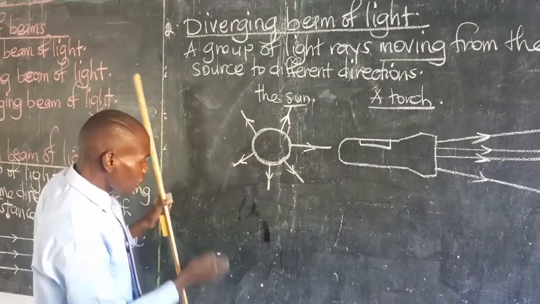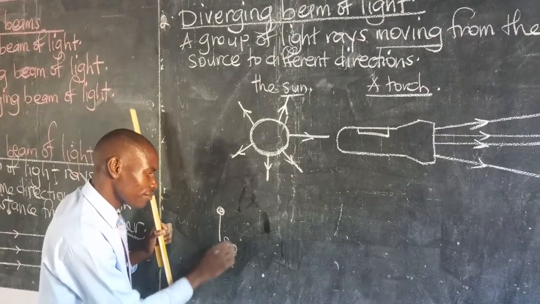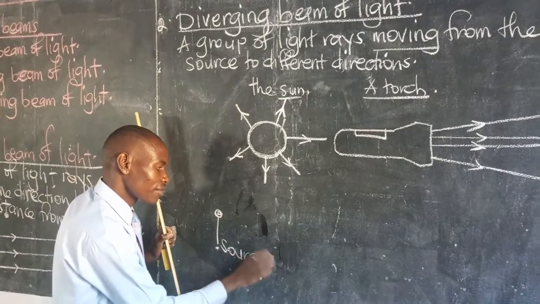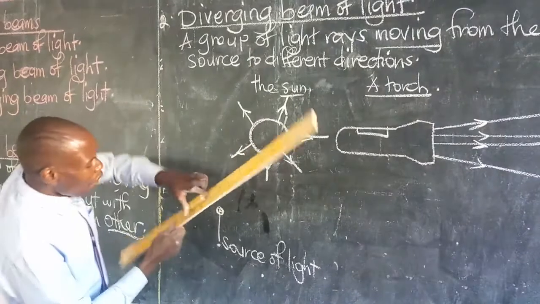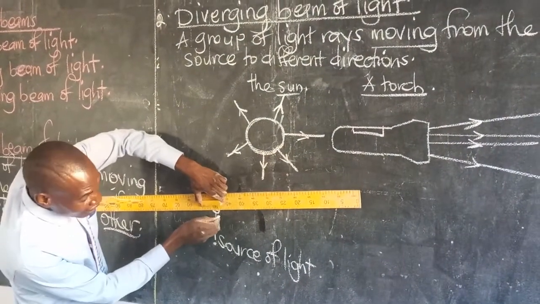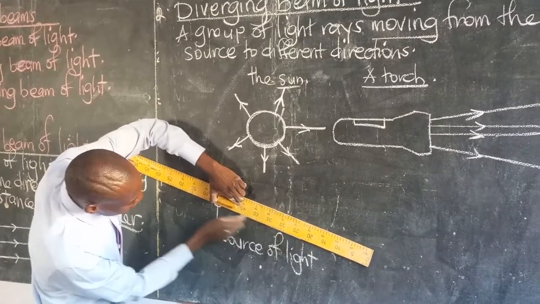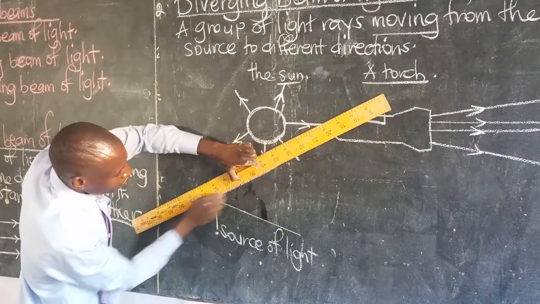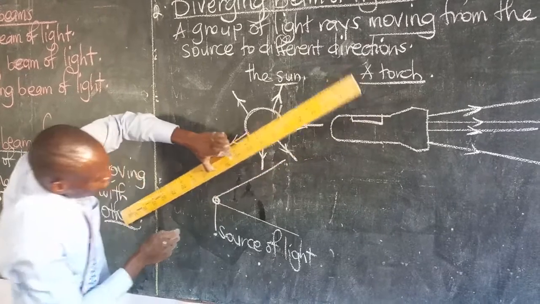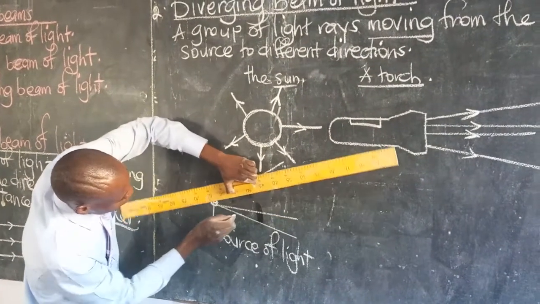We can start with a source of light. This one is a source of light. And then we are going to draw light rays spreading outwards from the source of light.